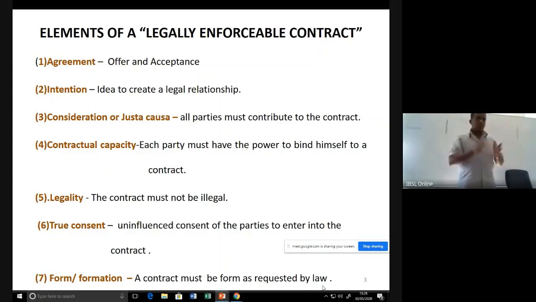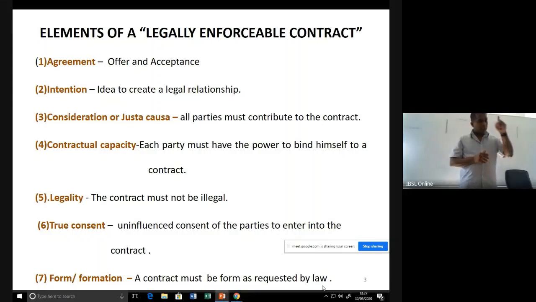See, when you get a question in the exam, they will give you a case study, right? So what you have to do is pick the facts of the case or the question and see whether these 7 elements are there. If 7 elements are there, that is a legally enforceable contract.